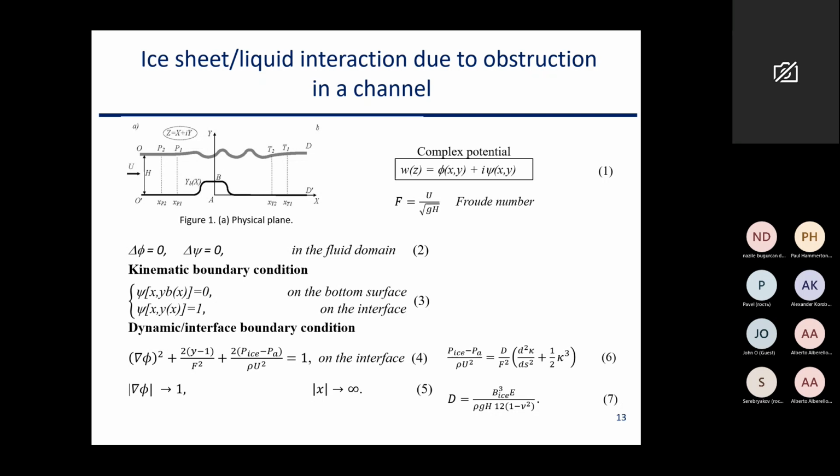And we have a kinematic boundary condition, which is a constant of the stream function on the bottom and a constant with another value of the stream function on the interface. The dynamic interface boundary condition is written taking into account the pressure due to bending, which conditions the bending of the ice sheet, and they should be the same.